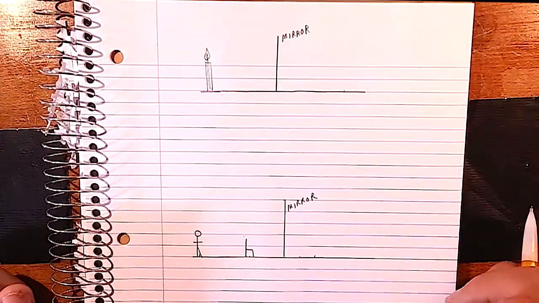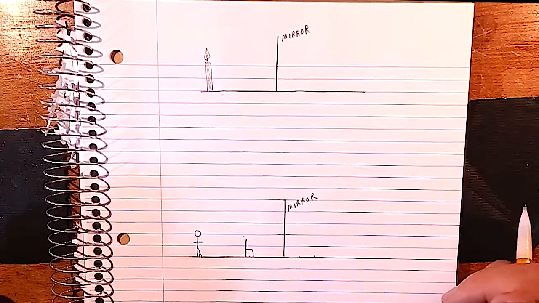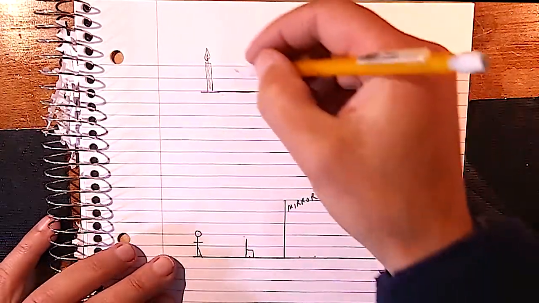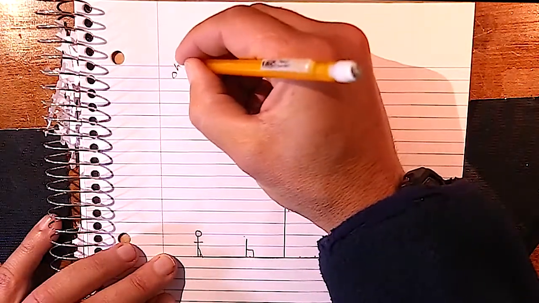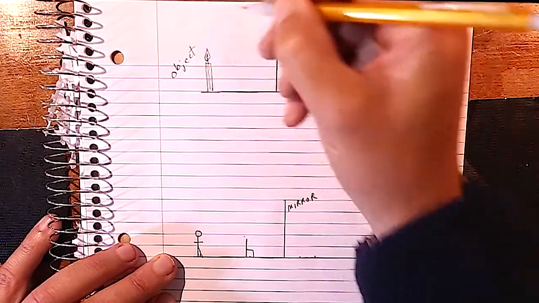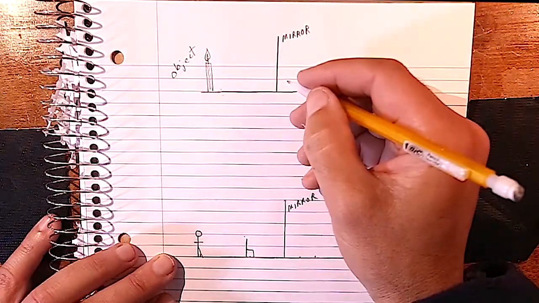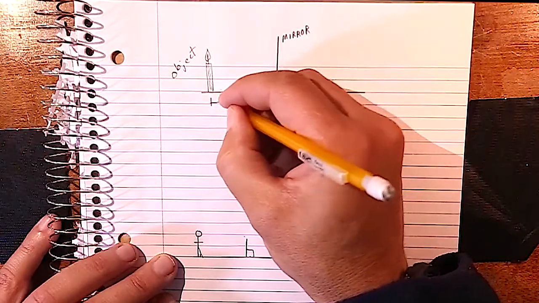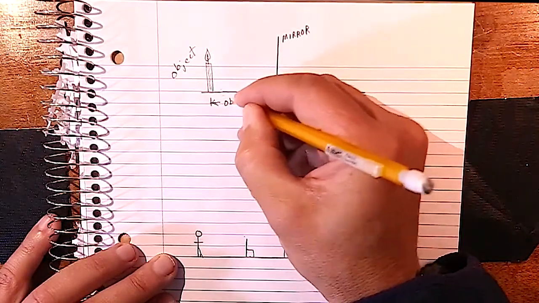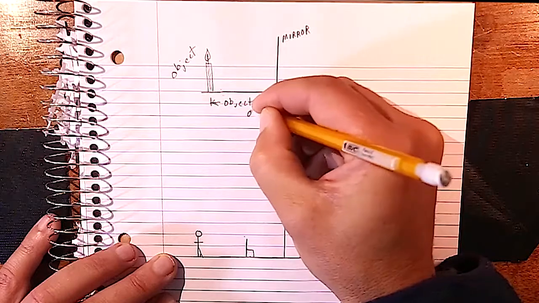The last thing that you need to know about reflection is that when we have an object, in this case we have a candle, and it's set some different distance away from the mirror, that distance has a name, and it's called the object distance.